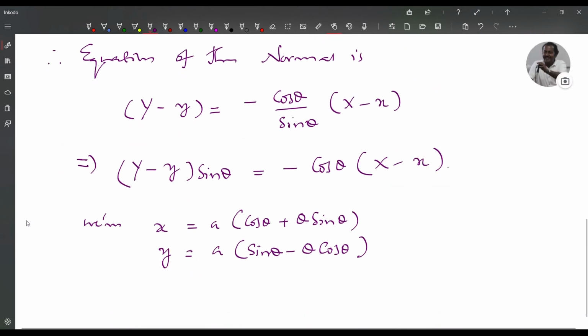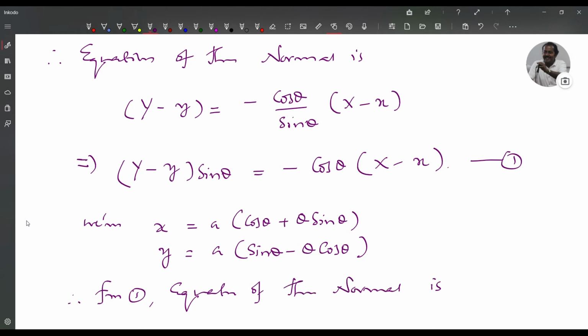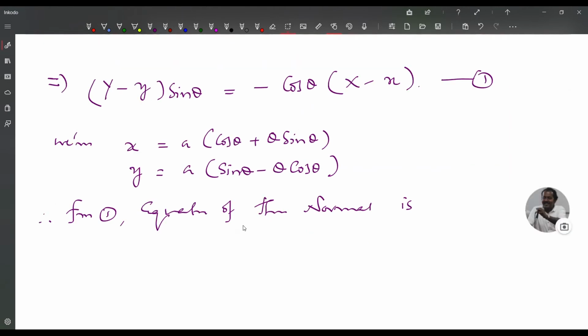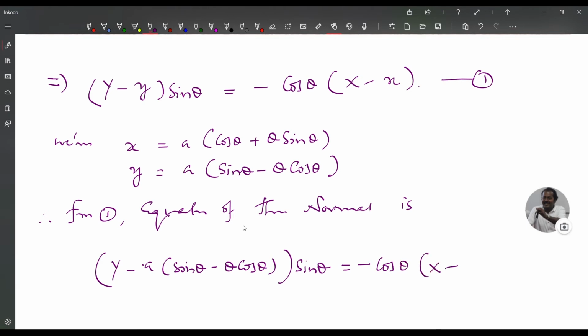Therefore, if you take this as equation 1, from 1, equation of the normal is y minus little y, that is a into sin theta minus theta cos theta, into sin theta equal to minus cos theta into x minus little x, that is a into cos theta plus theta sin theta.